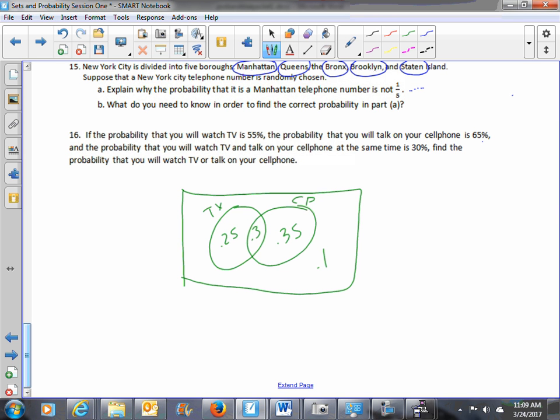So there's 0.1 down here. Okay, find the probability you will watch TV or talk on your cell phone. Now, or here is not exclusive. That means one or the other or both. And so that would be the sum of these three, which would be 90% or 0.9. All right.